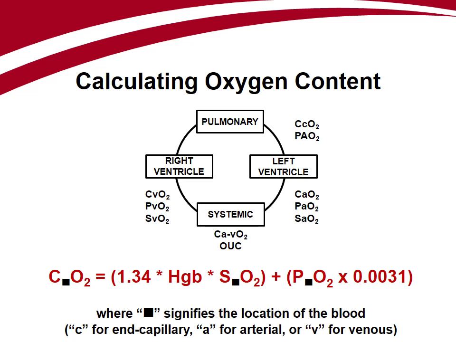Thus, for any point in the circulation, the amount of oxygen bound to hemoglobin can be determined by multiplying 1.34 times the hemoglobin concentration times the oxygen saturation, and the amount dissolved in blood can be determined by multiplying the partial pressure of oxygen times 0.0031. The sum of the bound and dissolved oxygen represents the oxygen content. From the equation, it is easy to see the minimal contribution made by dissolved oxygen and the overall importance of hemoglobin in delivering oxygen to the tissues.